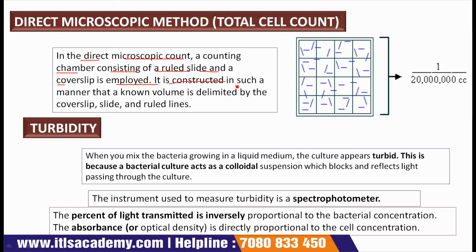It is constructed in such a manner that a known volume is delimited by the cover slip, slide and ruled lines. This is the diagram showing the total count method. In this method, the number of bacteria in a small known volume is directly counted microscopically, and the number of bacteria in the large original sample is determined by extrapolation.